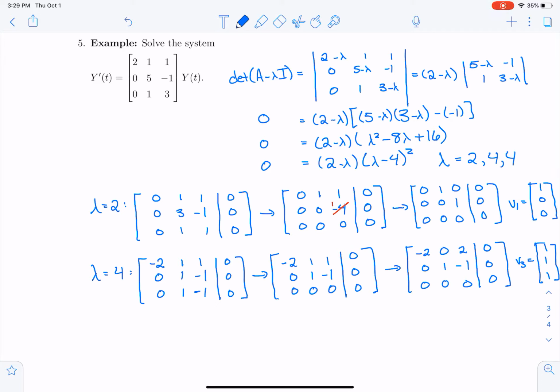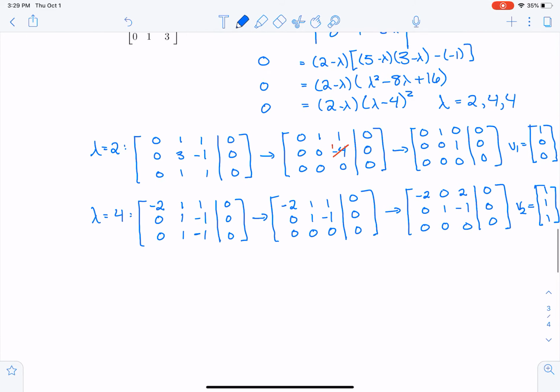Okay, so you can double check if you'd like that I can multiply the original matrix by 1, 1, 1. And in fact, that's going to give me the correct eigenvector. I multiply that matrix by 1, 1, 1, and I'm going to get all zeros. This is actually, sorry, this is V2 is going to be 1, 1, 1.